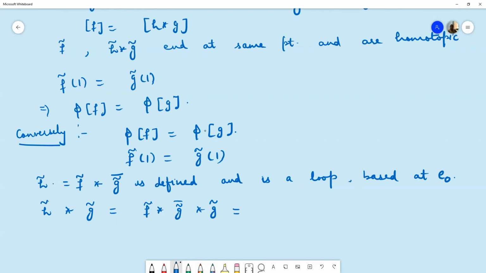Then F curl star the constant path will be homotopic to F curl. So this path is basically homotopic to F curl.